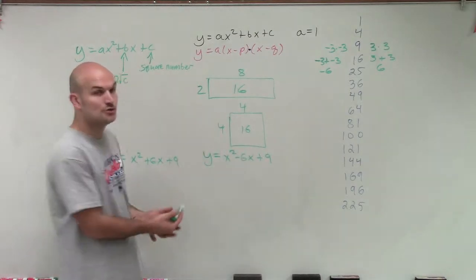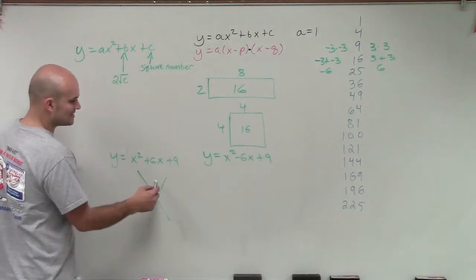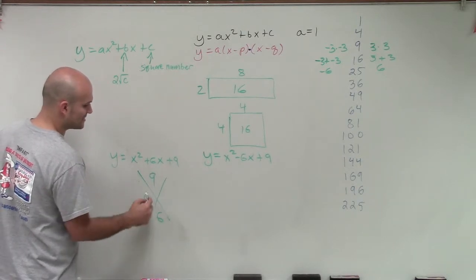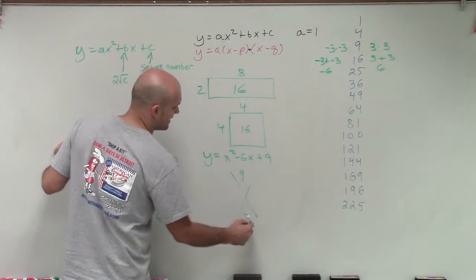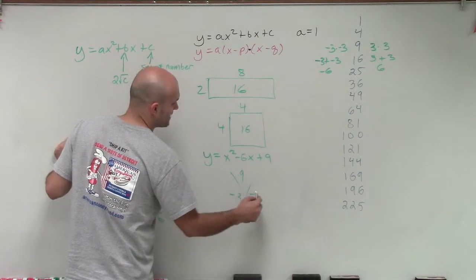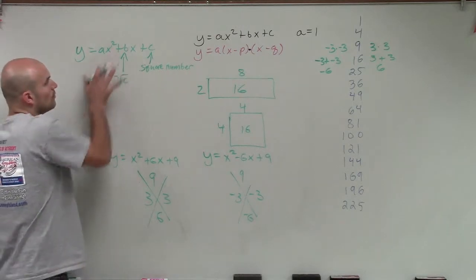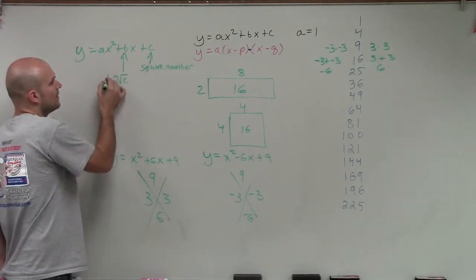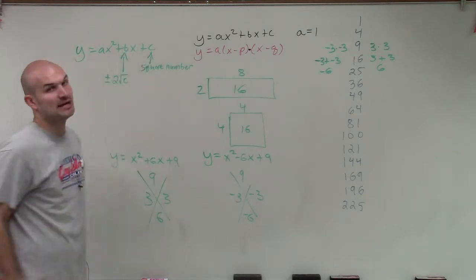So these are two perfect square trinomials. If I was going to do the x method, you could see that I'd have 9 and 6, therefore there has to be 3 and 3. Over here, I'd have 9 and negative 6, so my p and q would have to be negative 3 and negative 3. So when we're dealing with this, b can be plus or minus, but my c has to be positive.